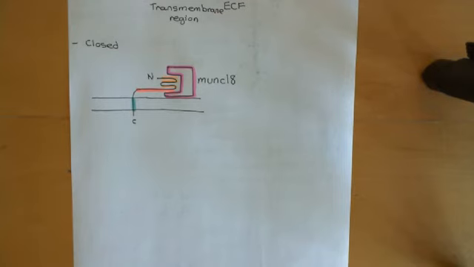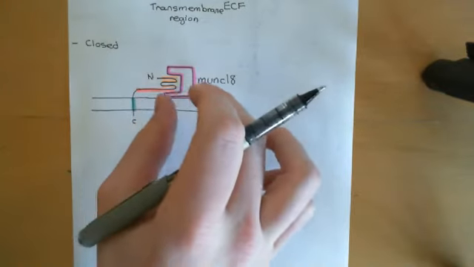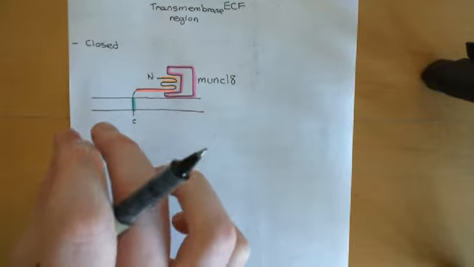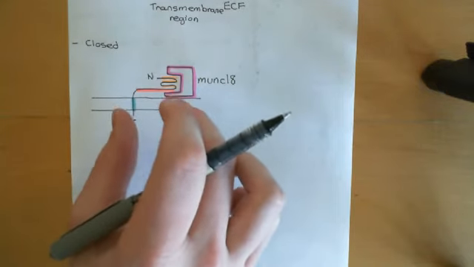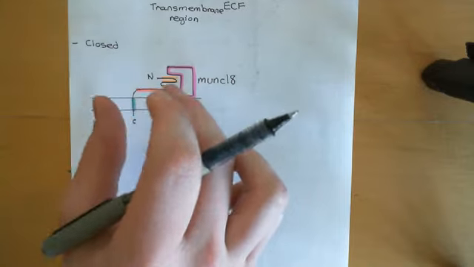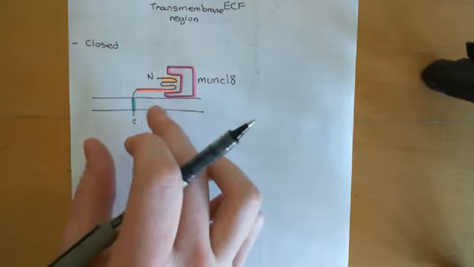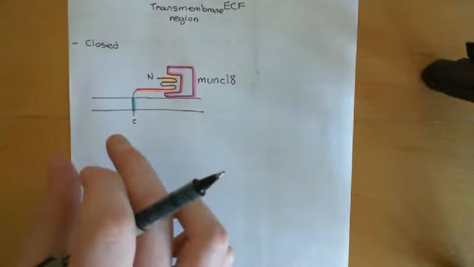but then if you knock it out, you get absolutely no exocytosis. Well, what we think MUNC18 does is it binds to the syntaxin 1 when the syntaxin 1 has been made. The idea is that it helps the syntaxin 1 get to the active zone of the axon terminal without binding to other snare proteins before it gets to the right place.